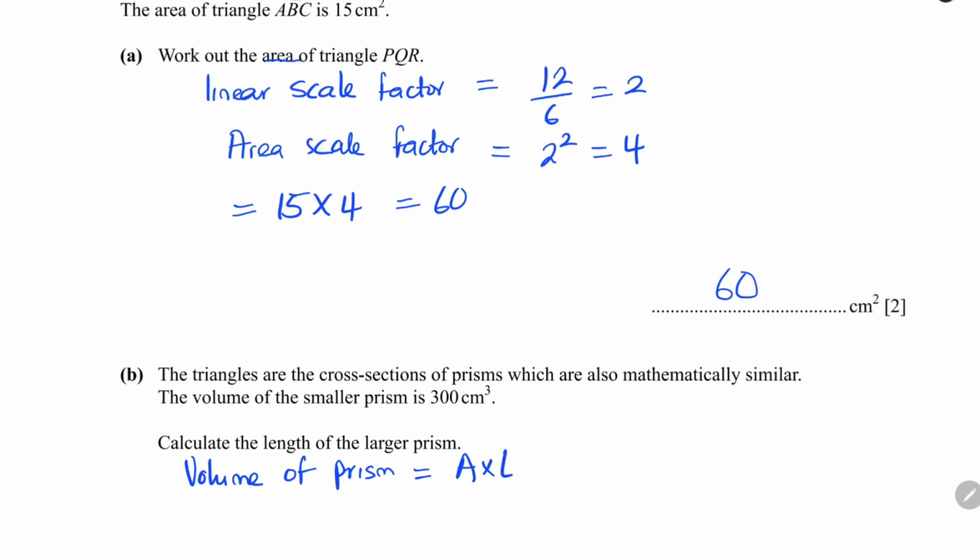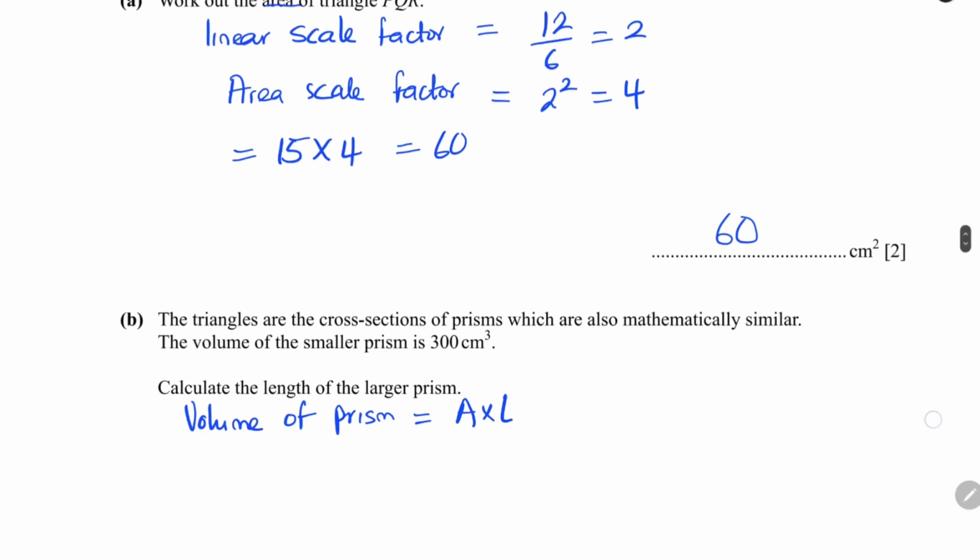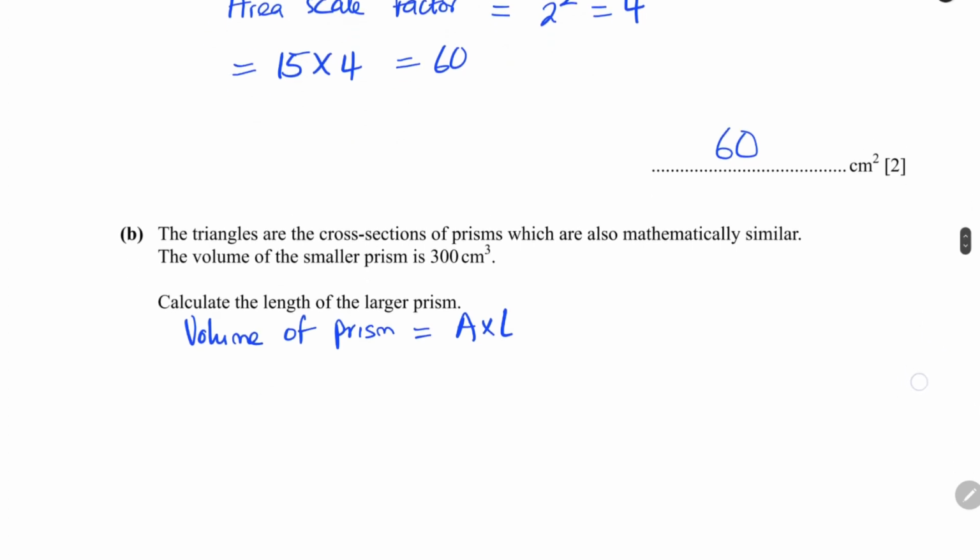Okay, so if the volume of the smaller prism is that, we can find the length of the smaller prism. Remember, we are looking for the length of the larger prism. So if we know the length of the smaller prism, we can apply our linear scale factor to find the length of the larger prism.